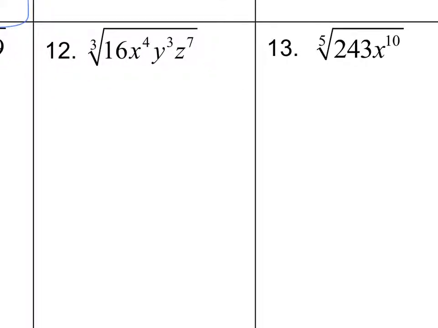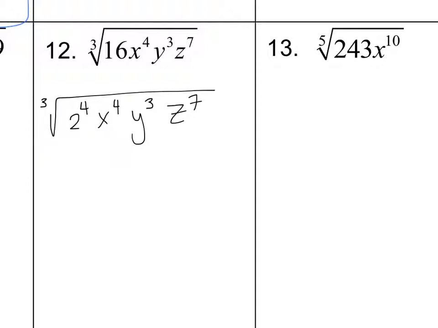Cubic root of 16, x to the 4th, y to the 3rd, z to the 7th. Now remember that 16 is 2 to the 4th, so I'm going to rewrite that. 2 to the 4th, x to the 4th, and so on. Now what I can do is I can split 2 to the 4th into 2 to the 3rd and 2 to the 1st, since 3 plus 1 is 4, and one of the powers is divisible by the index.